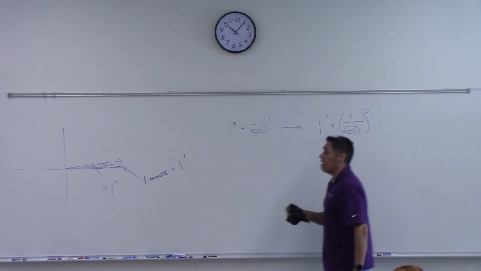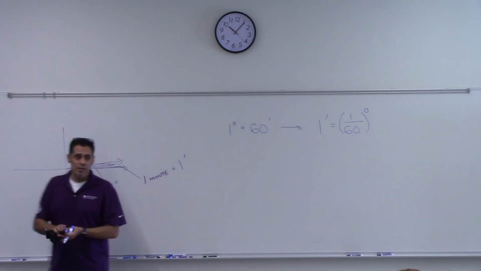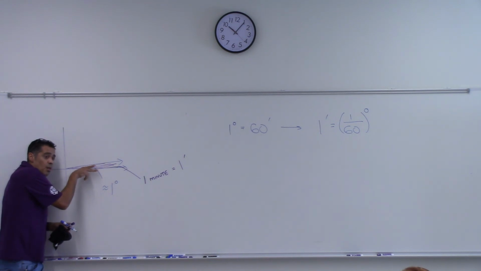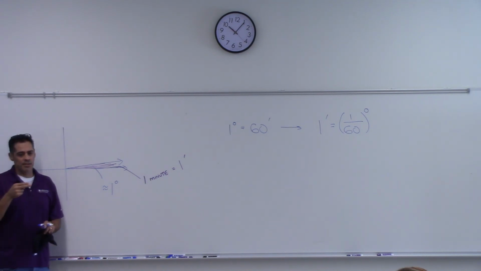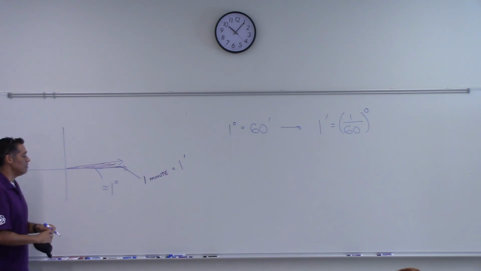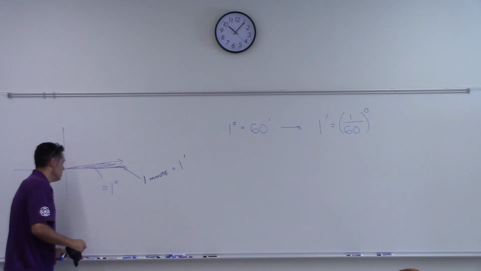And then we can cut that down even further. Each minute is really small, but imagine taking one of those minutes and cutting it into 60 pieces. We can do that, and we do. Anyone know what that's called? The seconds.